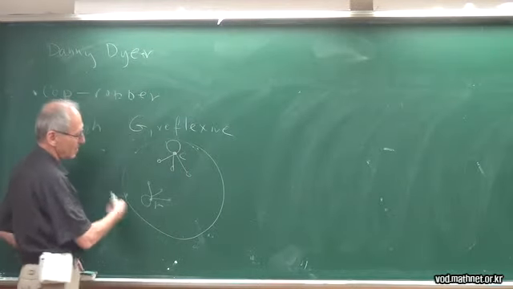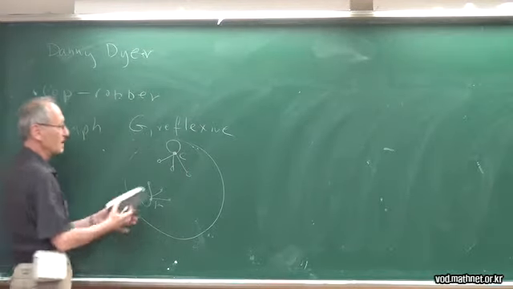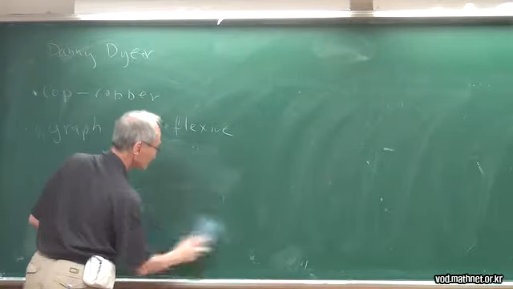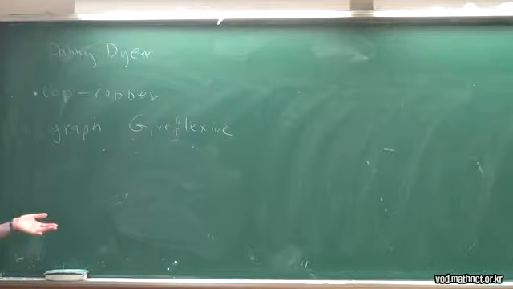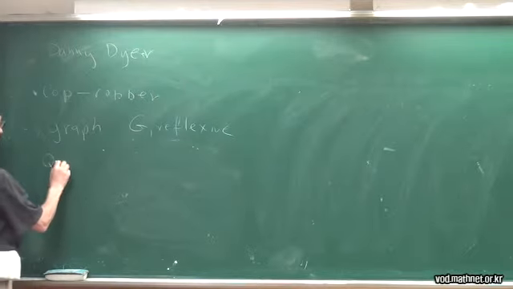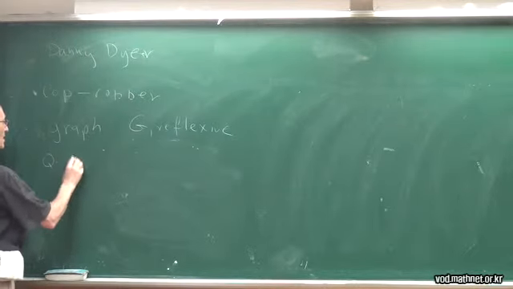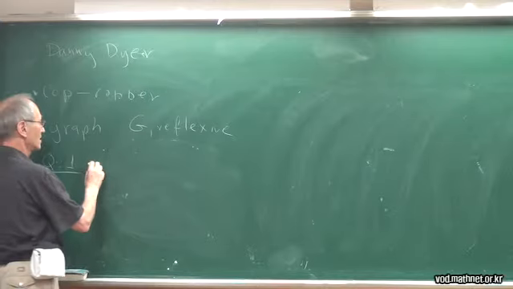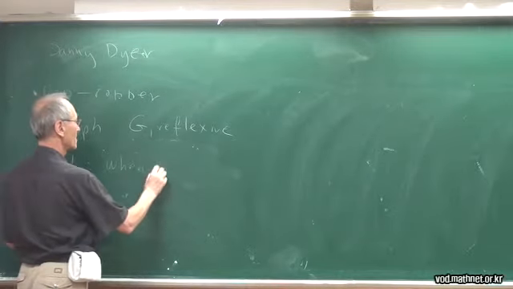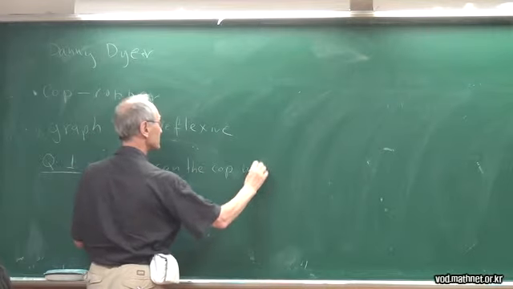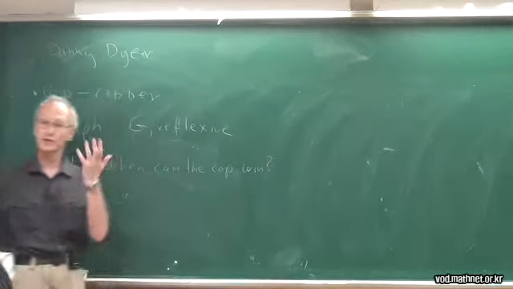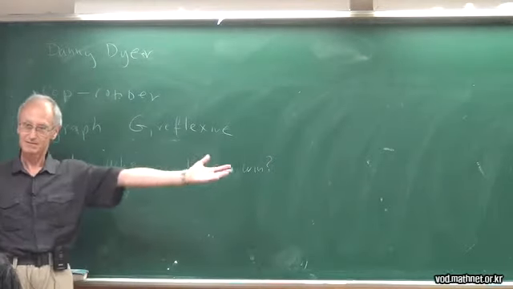Okay, so we have the game. So what are the questions that we can ask? Well, there are two obvious questions at least. One, when can the cop win? That is, I give you a graph and you tell me, can the cop win?